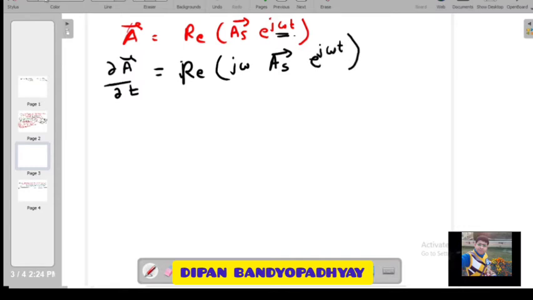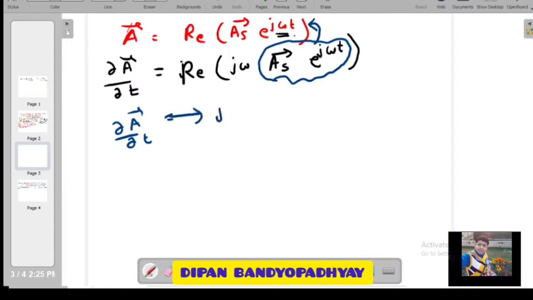So you see this part, this As e to the power j omega t, this is nothing but this one. Okay. So basically what you can see is that del A, del t is equivalent to j omega As.